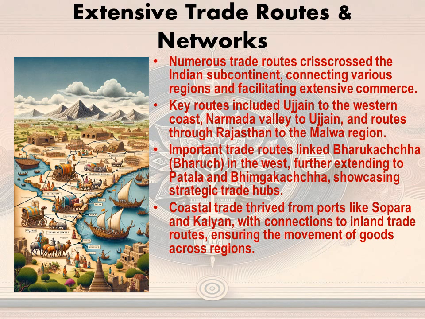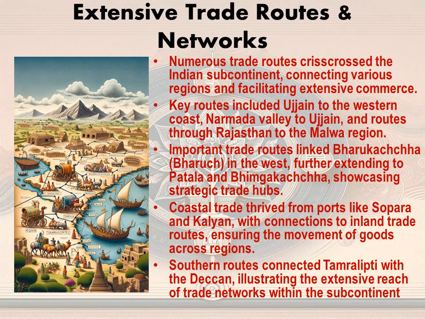Coastal trade thrived from ports like Sopara and Kalyan, with connections to inland trade routes, ensuring the movement of goods across regions. So there were not only land trading routes but also coastal routes from ports like Sopara and Kalyan, and from these coastal routes we get an understanding that goods used to move across regions through maritime trading activities also.